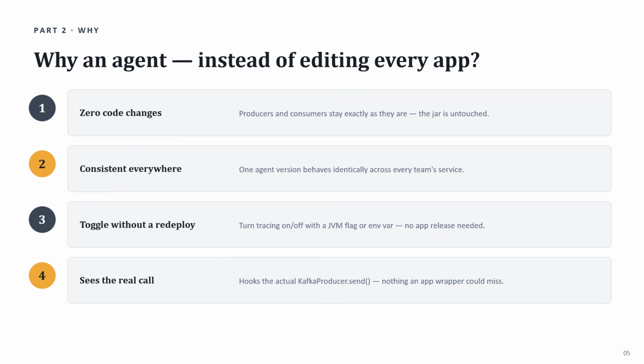Consistent everywhere means one agent version behaves identically across every team's service, and you turn tracing on and off with a JVM flag or environment variables, no app release needed. And it sees the real calls, hooking the actual Kafka producer.send method, nothing an app wrapper could miss.